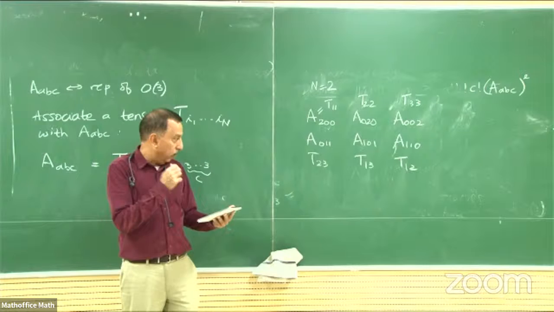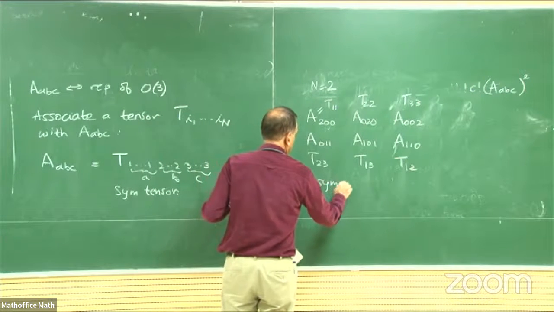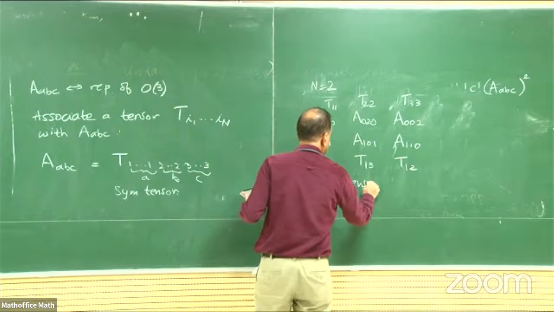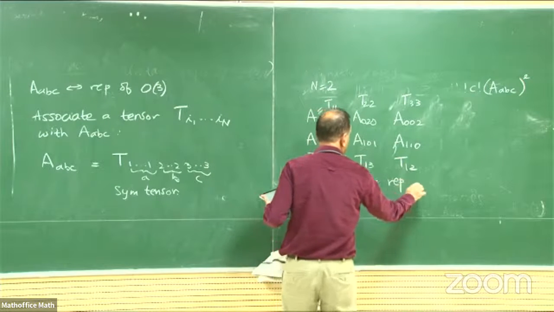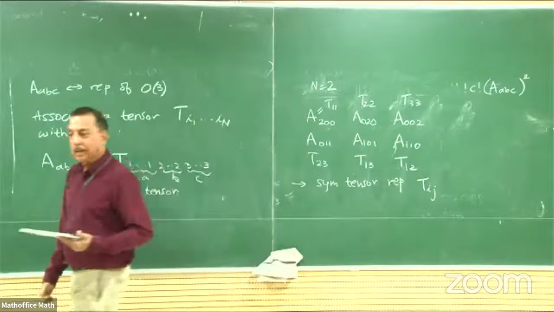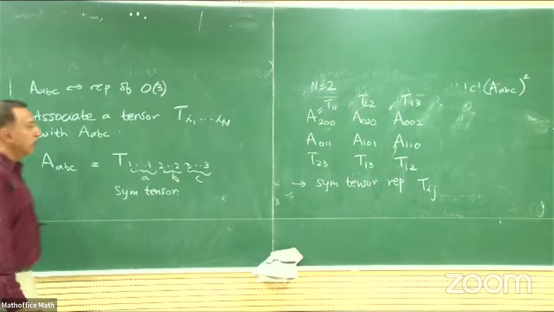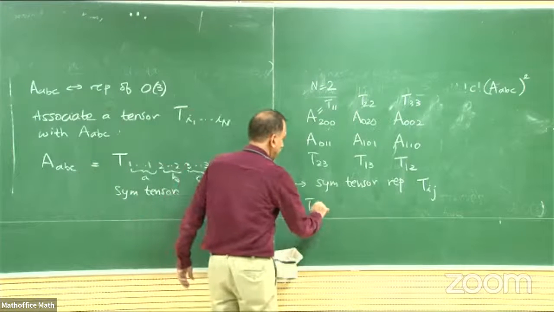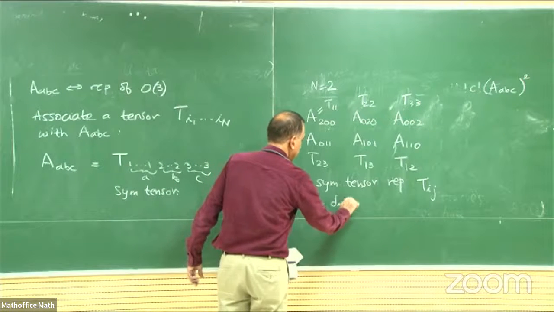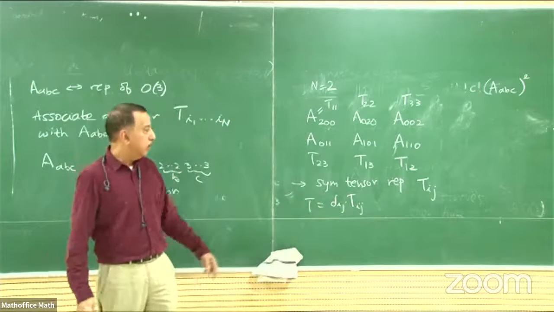Okay, good. So this gives me a symmetric tensor, and this is the symmetric tensor representation of O3 given by all symmetric matrices Tij for the algebra. Now the problem with this representation is that it is not irreducible. Why? Because there's a trace T equals delta Ij Tij with repeated indices summed over, and this is O3 invariant.